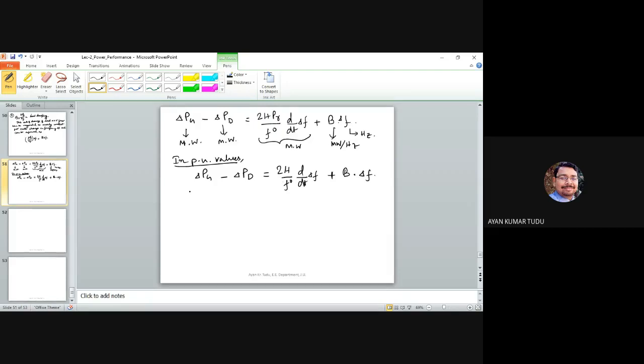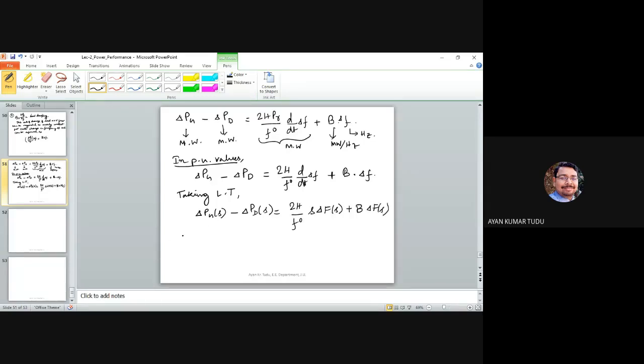Now we can take the Laplace transforms on both sides, getting delta PG(s) minus delta PD(s) is equal to 2H by f naught s delta F(s) plus B delta F(s).